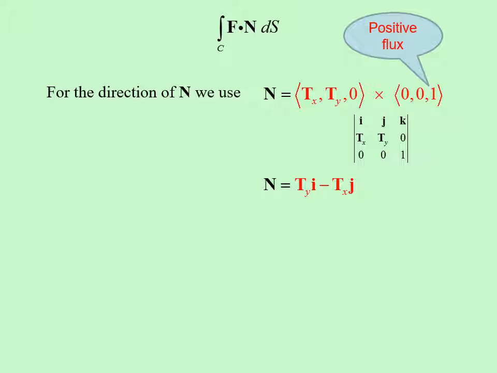We come up with the vector: the derivative of the unit tangent vector with respect to y, comma, negative derivative of the unit tangent vector with respect to x.